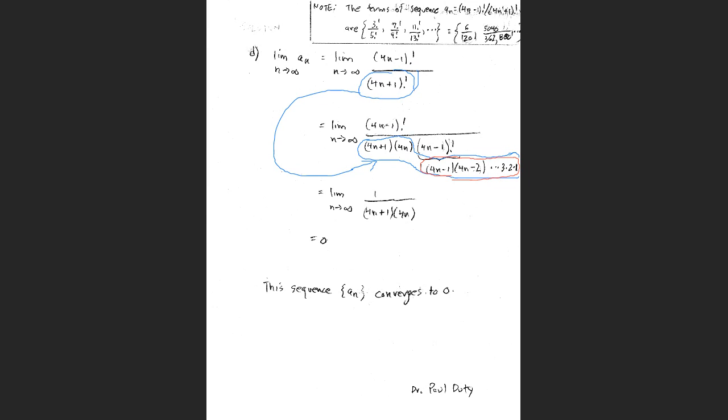That expression can be written as (4n minus 1) factorial. And so then the (4n minus 1) factorial terms will simplify out. Okay, are you comfortable with that? All right, good.